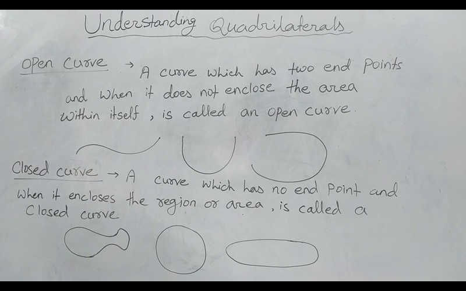Now we are going to look at the simple closed curve. When a closed curve is simple, then it is said to be a polygon. So when a simple closed curve is said to be a polygon, just look after it.